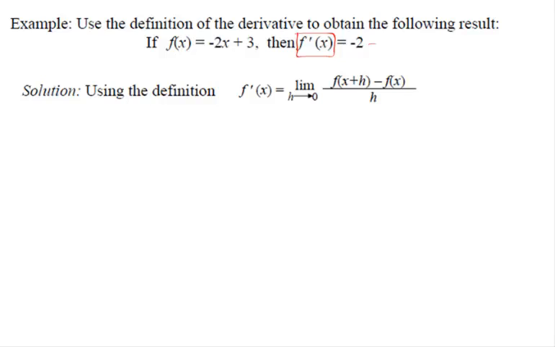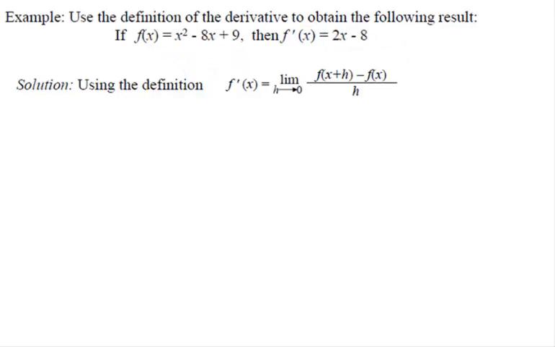The derivative is the slope of the tangent line, and this is a linear function with slope negative 2. We absolutely should have found that the slope of that function everywhere, not just at a few values, but everywhere, should be negative 2. So even intuitively, this idea of the slope of the tangent line and the derivative makes sense. But what we just did is we backed it up using calculus. We backed it up using the definition of the derivative.